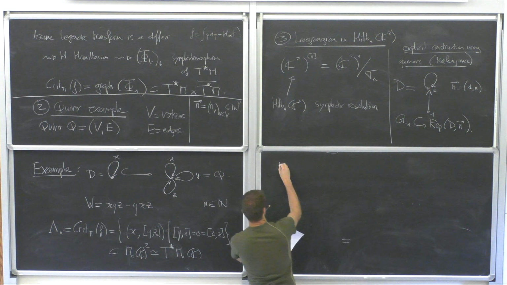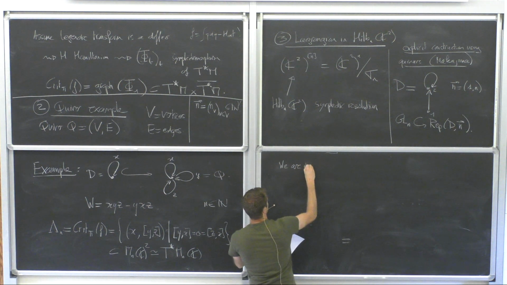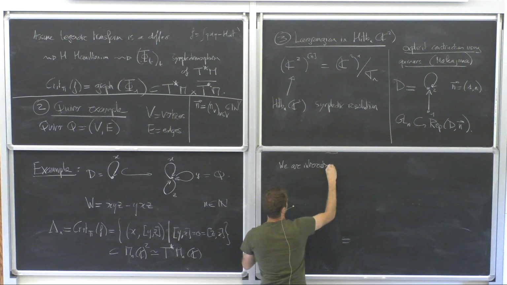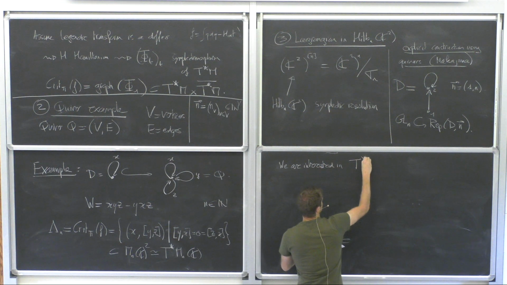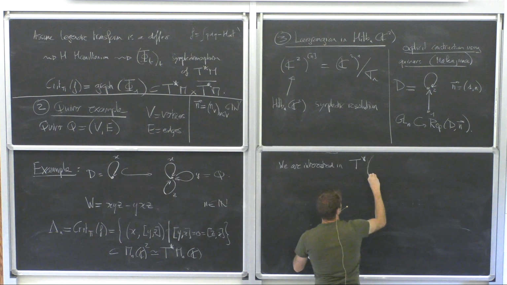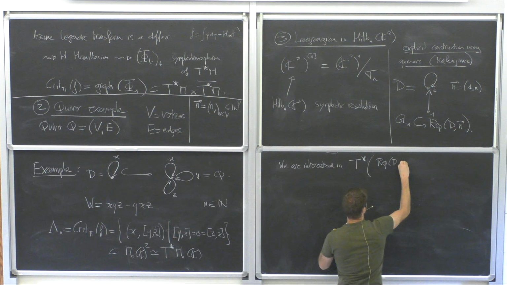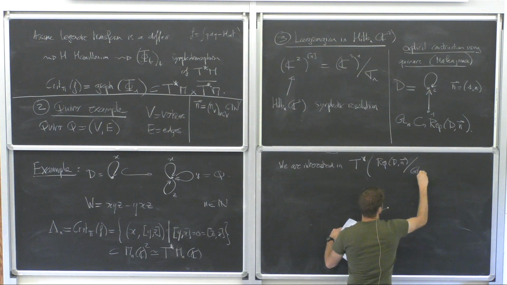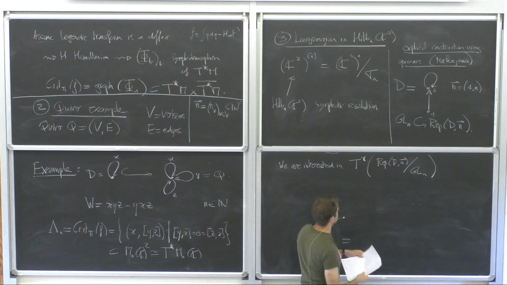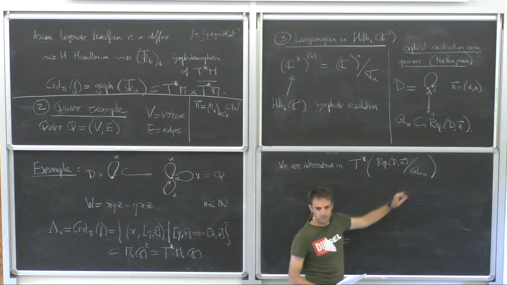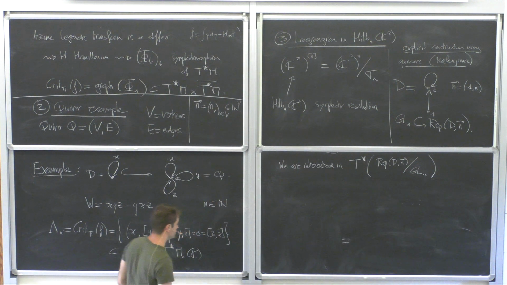So we are interested in the cotangent to the quotient Rep(Q, d, n) mod GLN. And there's an arrow here and no arrow here. That's just not the full symmetry group, just GLN.